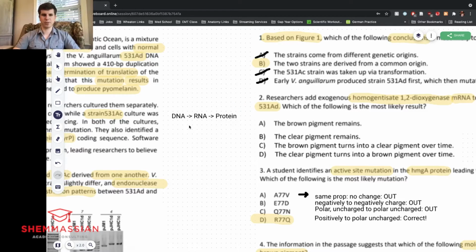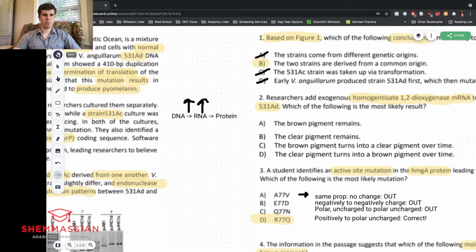So we have transcription is this arrow, and this is translation. And they're asking, okay, if we increase transcription and we throw in more RNA, so we're just pumping up the RNA, basically exogenously impacting our RNA rates. How is that going to impact things?